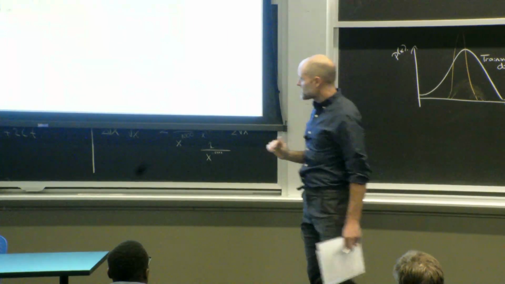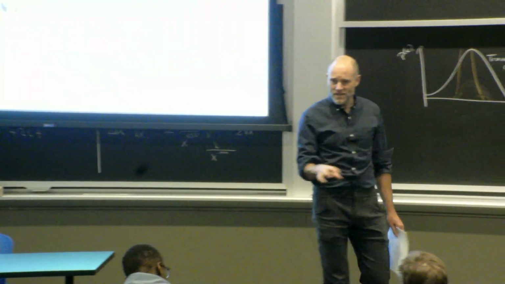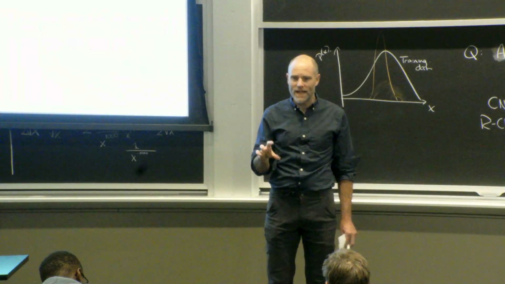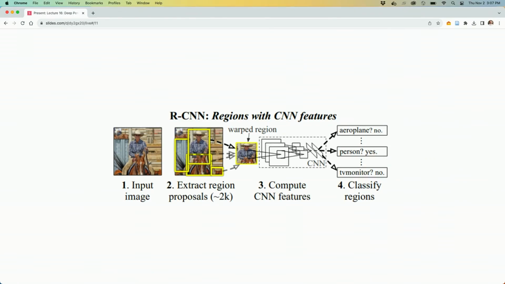So for a while, RCNN used some classic machine vision ideas, looking for features and the like, to try to have region proposals. So instead of just searching for arbitrary boxes of arbitrary sizes and trying them all, it would propose particular things based on classic computer vision features.